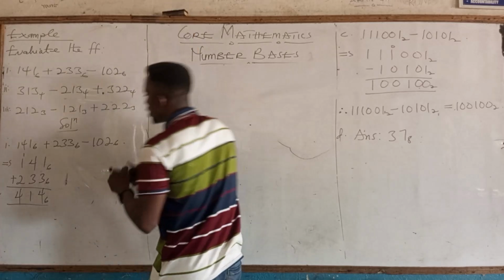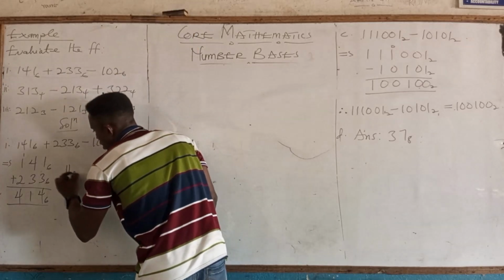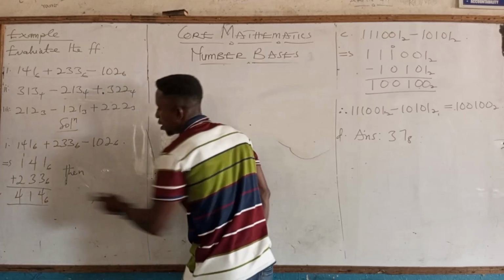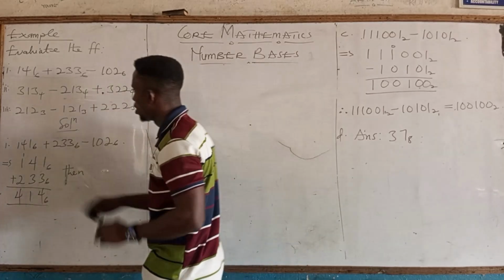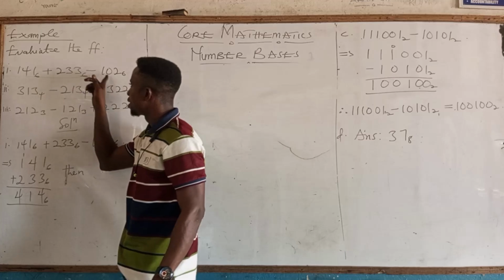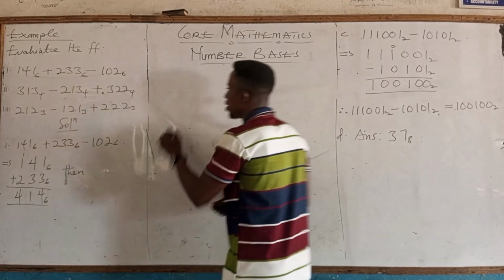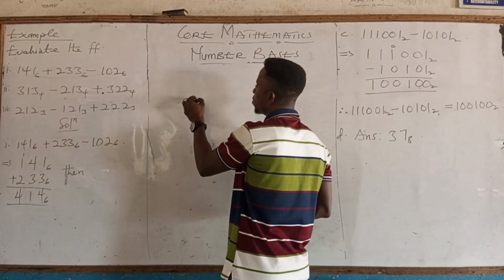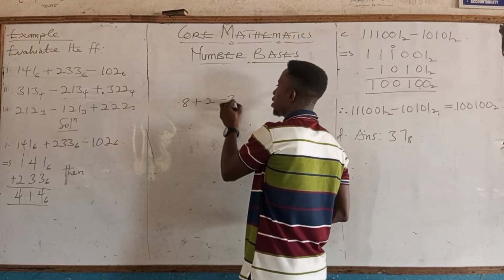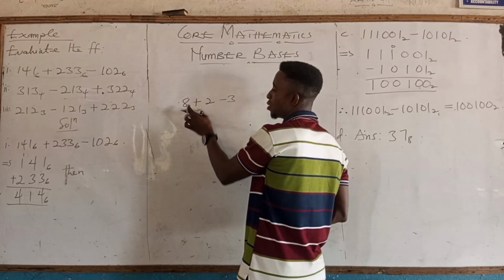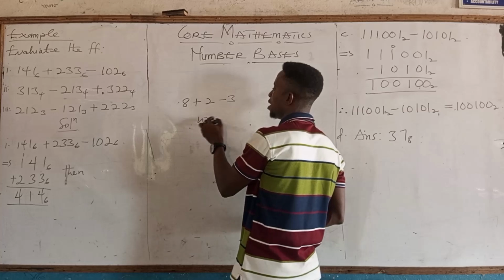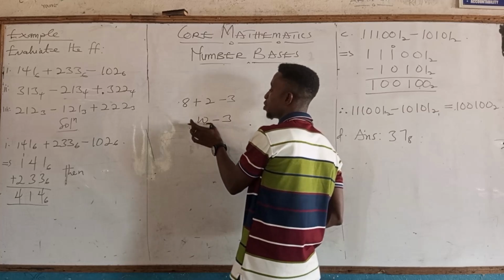So this one we proceed. Because now we said this plus this minus that. And even whenever you are having, let's say, 8 plus 2 minus 3, what do we do? We add this one, we get our 10, then minus 3. Is that not it? So the result minus 3.